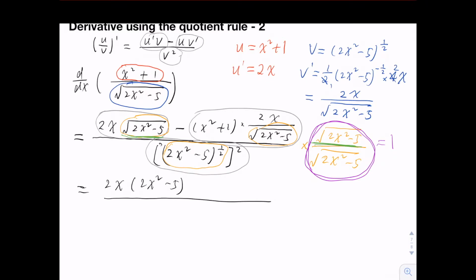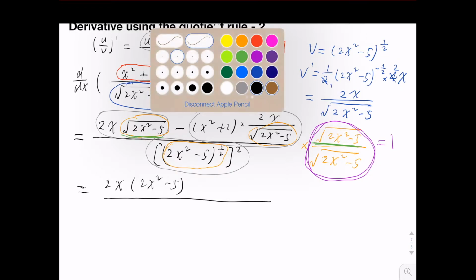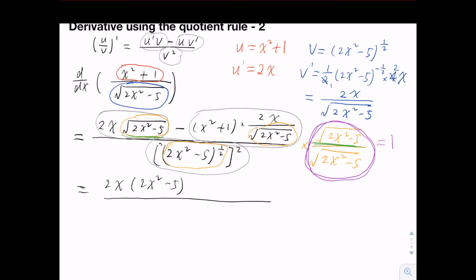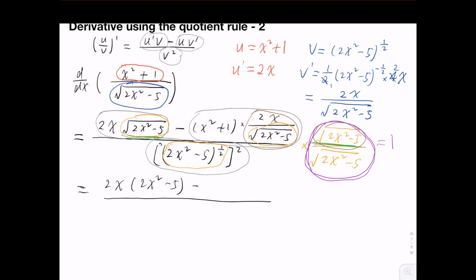And now the second part here, I'm going to use maybe these colors. This whole fraction, this part here, times this again. As you can see, the square root of 2x squared minus 5 terms are going to cancel each other, so that just leaves me with minus x squared plus 1 times 2x.